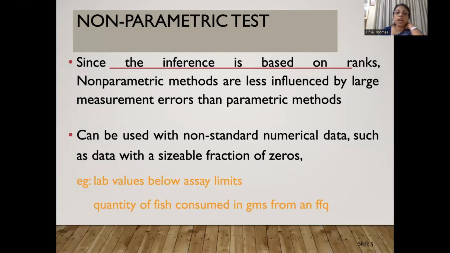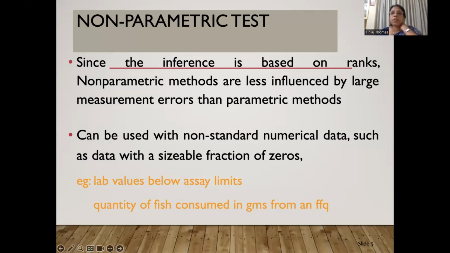Sometimes when you have some kind of measurement error, because the non-parametric method is solely dependent on the rank and not the actual data per se, it is less influenced by some measurement error in the data. Sometimes you will have data that are below assay values.